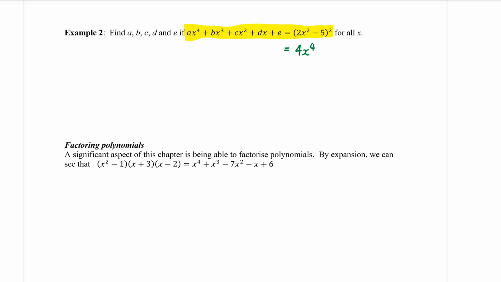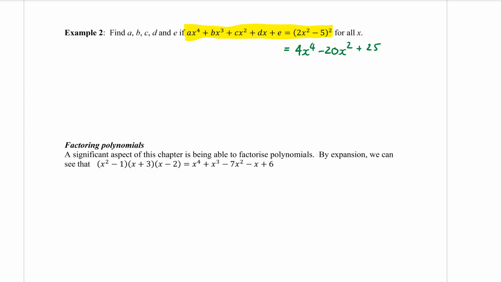Don't forget your middle terms. 2x squared times minus 5 is minus 10, and we double it to be minus 20x squared. And then the middle part. Double the two middle ones times together. And then minus 5 times itself makes plus 25.